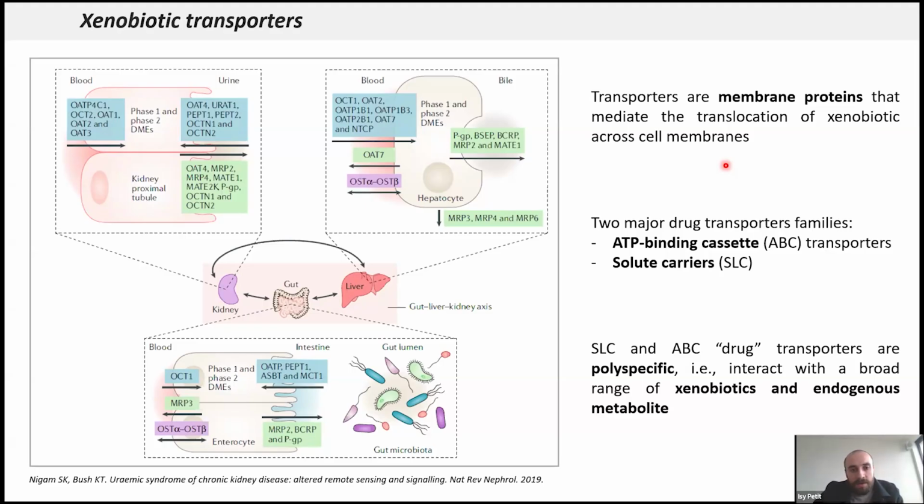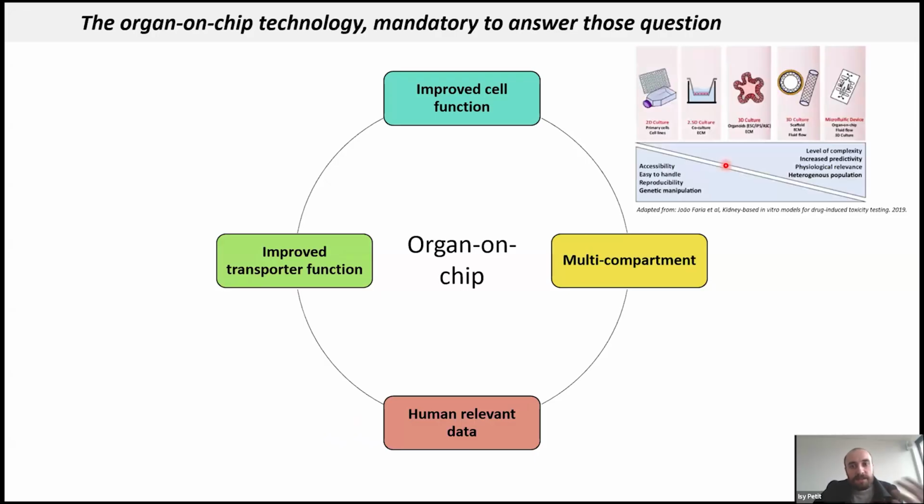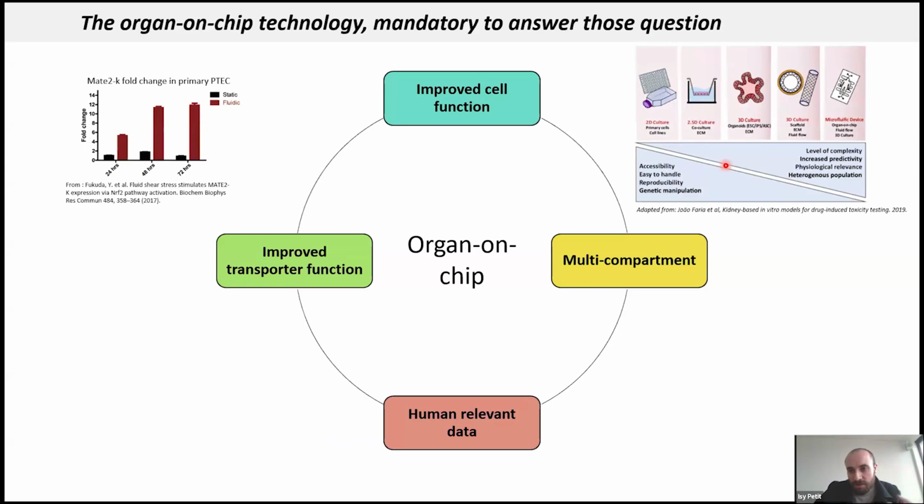We chose the organ-on-chip technology to explore that. First, because it's well known that it improves cell function and increases predictivity and physiological relevance. It's particularly true in the case of drug transporters, where the dynamic conditions allowed by organ-on-chip enhance transporter expression.